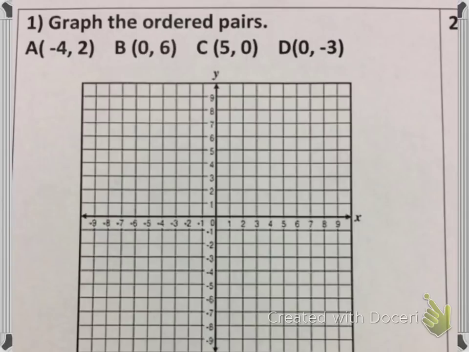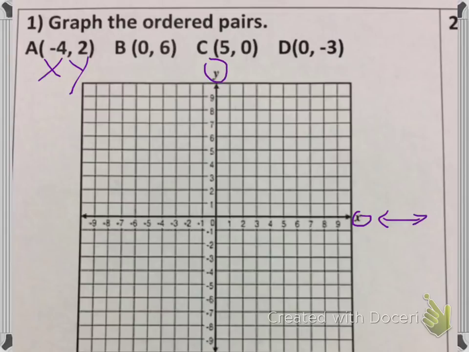So number 1 right here asks us to graph the ordered pairs. If you remember, when we're graphing ordered pairs, we always go X and then Y's. So we need to look along the X axis first, which is left and right, and then we need to look at the Y axis, which is up and down.